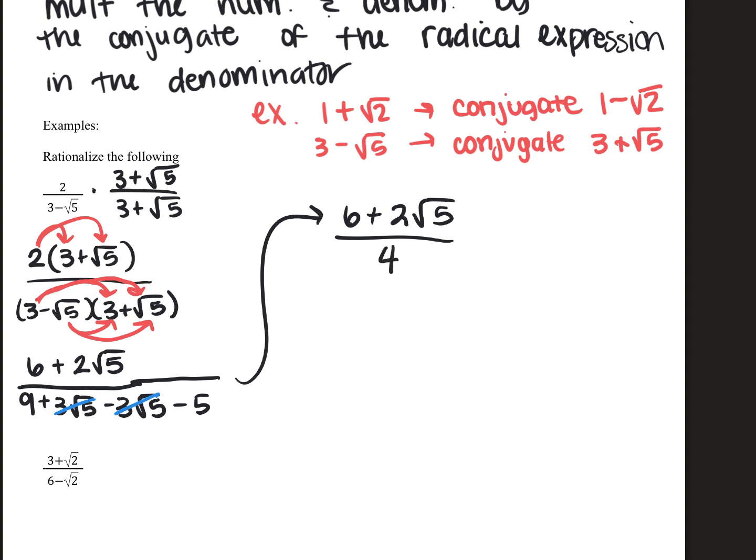Now, just like the previous example, I now need to check to see if my radical can simplify and if the numbers outside can simplify. And 6, 2, and 4, my numbers outside, are all divisible by 2. So it becomes 3, 1, and 2. Now, square root 5 can't simplify. So I'm going to end up with 3 plus square root 5 all over 2.